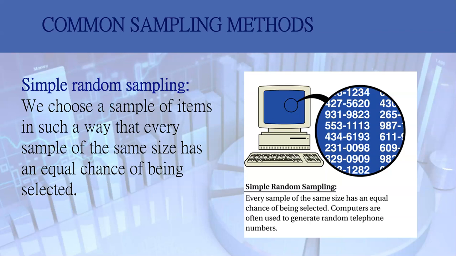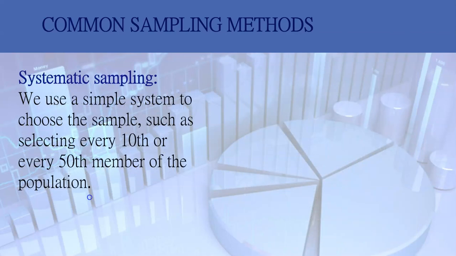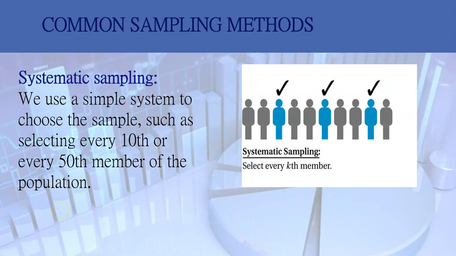Every member of the population has an equal chance of being selected. Systematic sampling is when we pick every kth member, it's called. So every 10th person or every 50th person or every 100th item from a list.